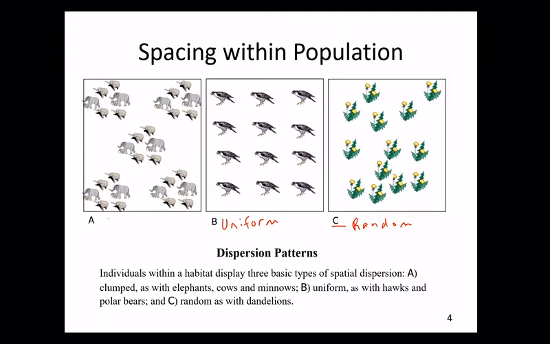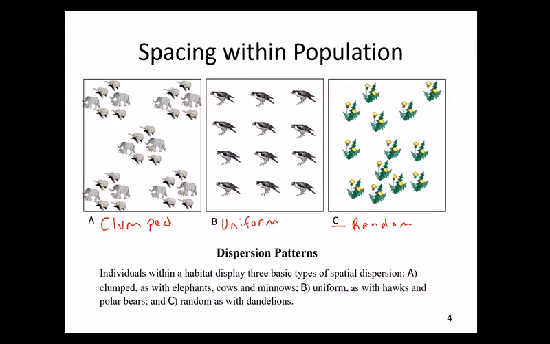The final one is clumped. Okay? And clumped distribution results in an unequal distribution of resources in the population, or from social interactions among the individuals.